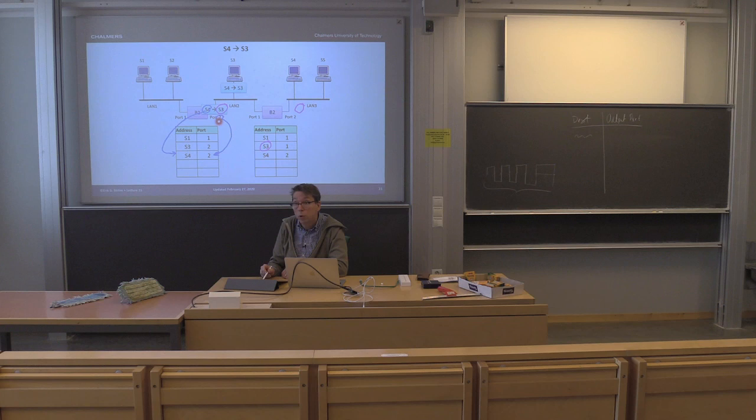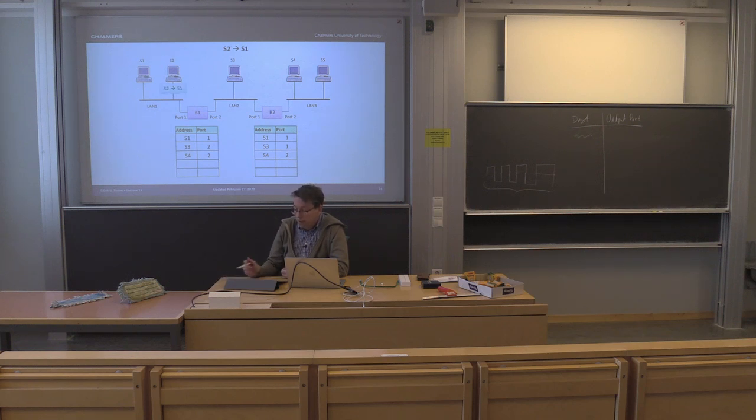But it came from port 2. So therefore, I simply drop this packet, right? Because it makes no sense to send it out here, because I know that the destination address is found at port 2. So it simply drops it.